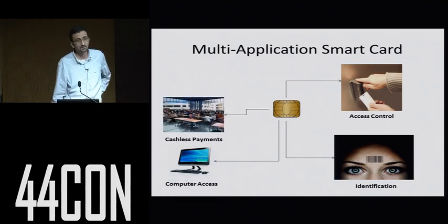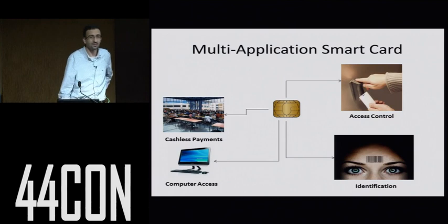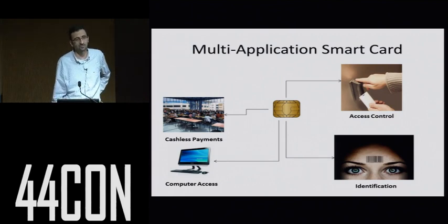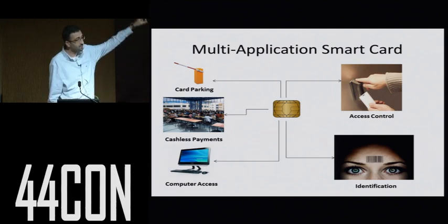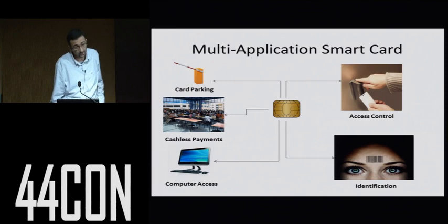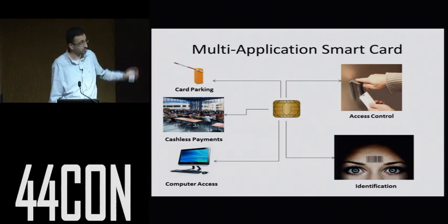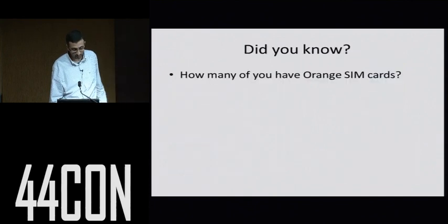Cashless payment in big companies, for instance, where they provide employees with a prepaid card they can use in the cafeteria or restaurants, and car parking. So all are running on the same chip and protected by the security features of the operating system of the card, to isolate the high security applications from lower security ones.